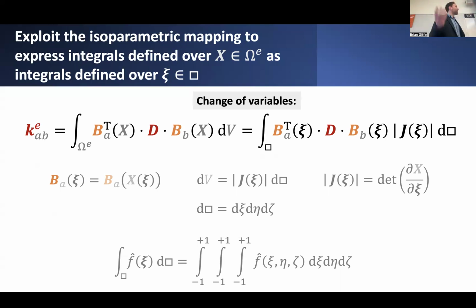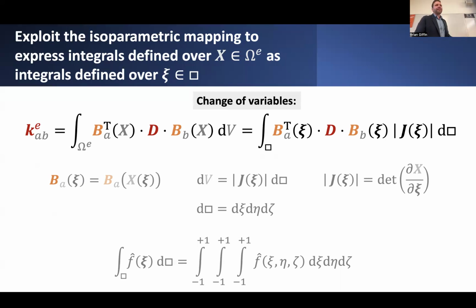So the Jacobian gave us this 3x3 matrix, and the determinant of that 3x3 matrix gave us a measure of volume scaling between differential volume elements in the parametric domain versus in the element's actual physical domain. So we could make these replacements, and effectively we get an expression that involves just dependence on the Jacobian and variable position with respect to parametric coordinates.